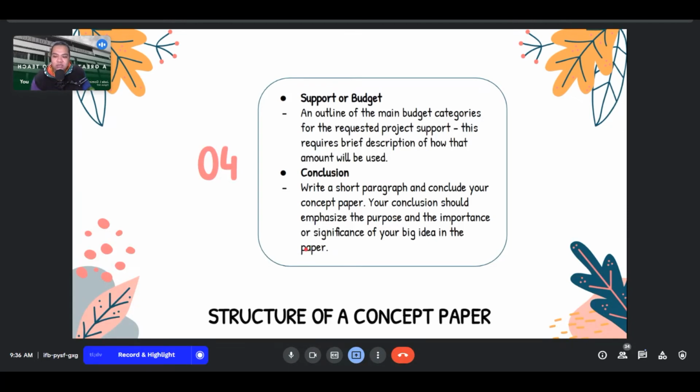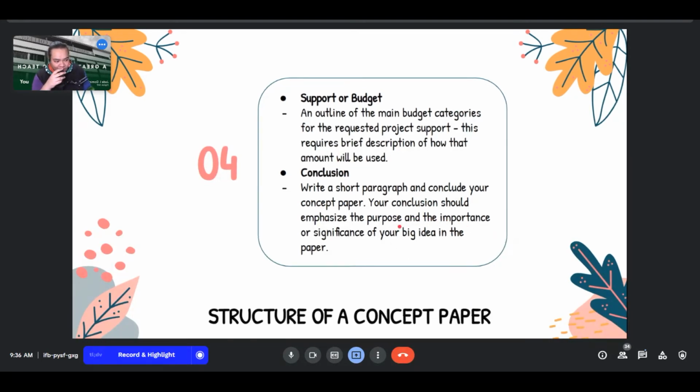So this is essentially like every other conclusion that we do, we have something that makes a lasting impression on the reader of the concept paper to make sure that they get the significance. Alam nila na importante talaga na ma-research, magawa, at ma-implement nyo yung project or program ninyo. Okay? So that's the last part of a concept paper.